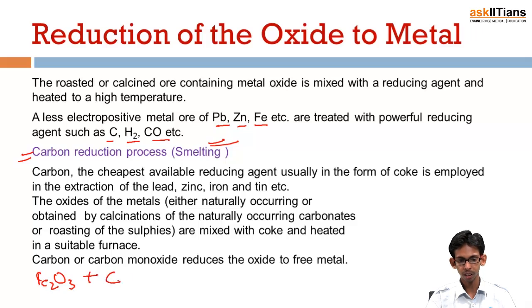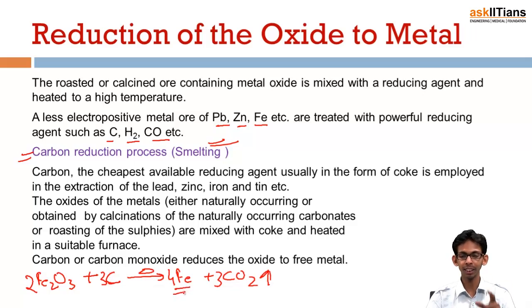If I heat it with coke, we get iron plus carbon dioxide, and for balancing it, it would be 4, then 6, so we can write it as 3 and 3. So this is how coke, or carbon, is used for reducing oxide into metal. Simply, carbon combines with oxygen to form carbon dioxide, which escapes, and we are left only with metal. This method is known as smelting, in which oxide is reduced into metal using carbon or coke.